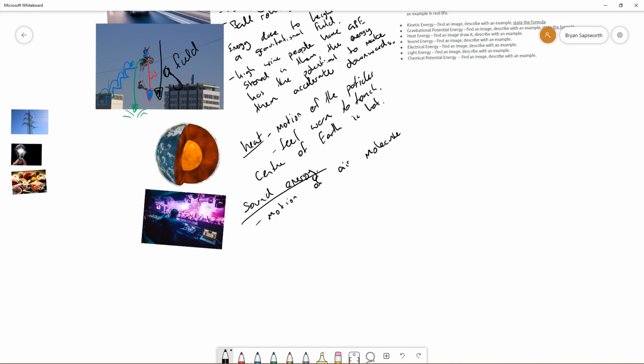Again, this is probably kinetic in the grand scheme of things, but we're just going to call it motion of air molecules. It's a transmission type of energy, for example from the speakers. The speakers transmit that energy into your ears, and you feel your ears actually start moving because of that transmission. So speakers is the obvious example.